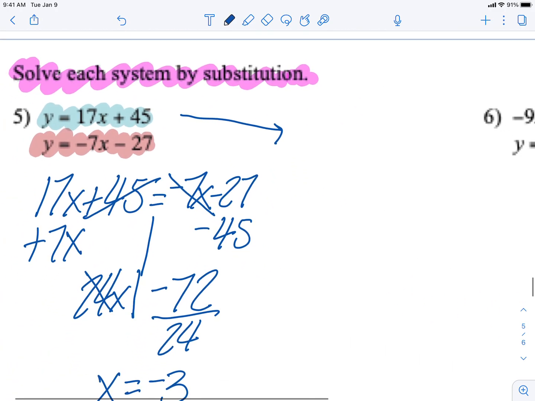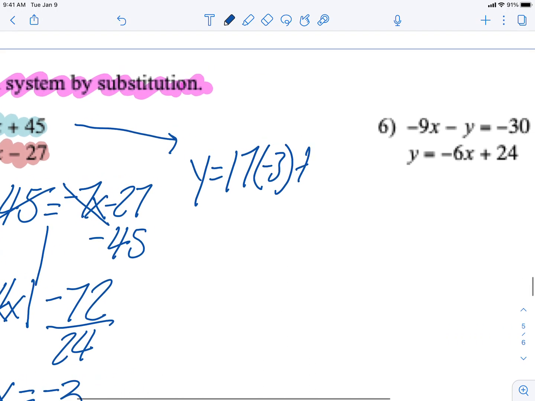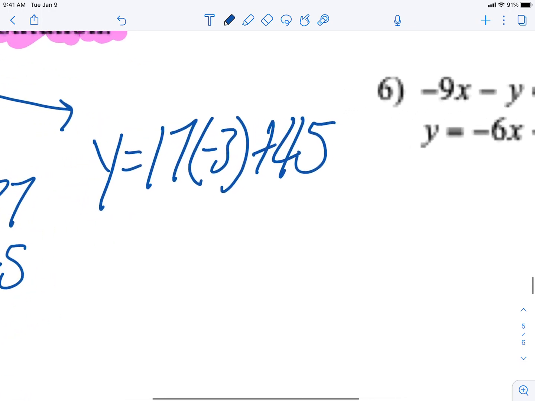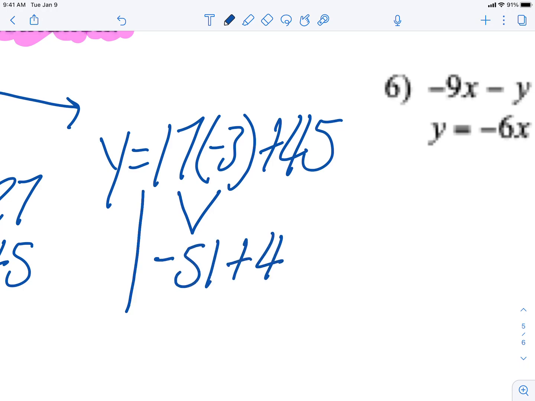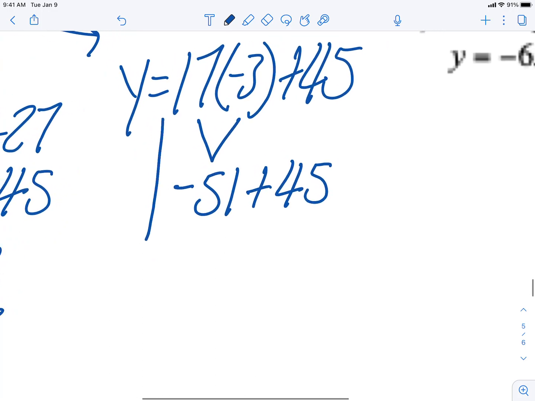So I'm going to bring over the blue equation. The blue equation says y is equal to 17, x is negative 3, plus 45. So 17 times negative 3 is negative 51, plus 45, I get y, and these two give me y is equal to negative 6.